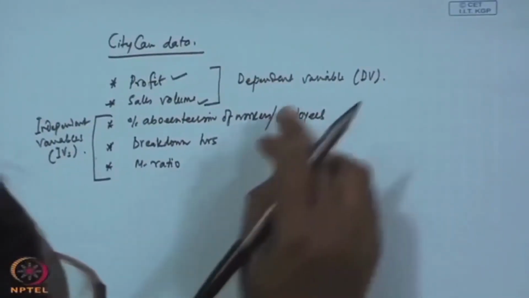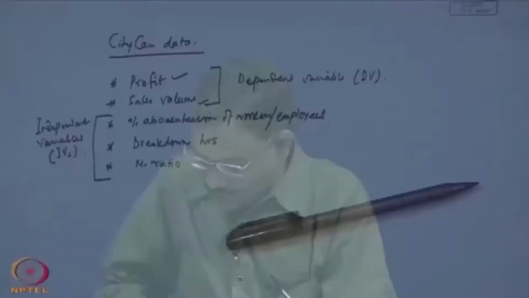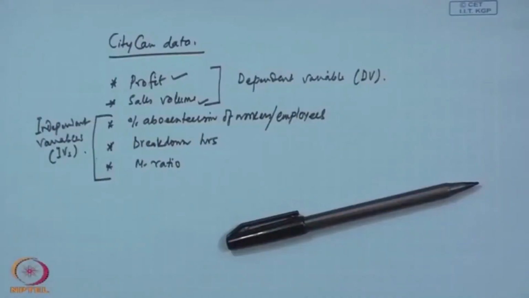Now, what is of interest in this particular case? Here we want to test whether the independent variables are contributing in explaining the dependent variable, one at a time.